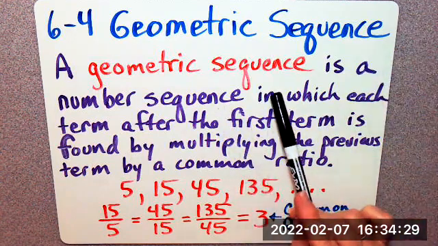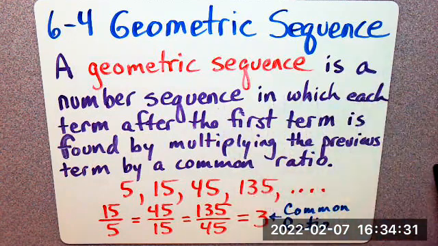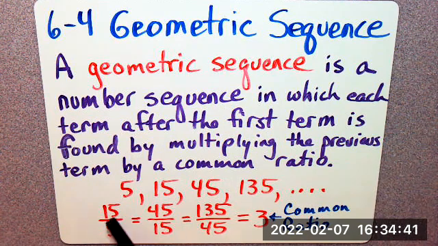A geometric sequence is a number sequence in which each term after the first term is found by multiplying the previous term by a common ratio. So what that means is if I have a numeric sequence 5, 15, 45, 135, it's a geometric sequence if it has a common ratio.